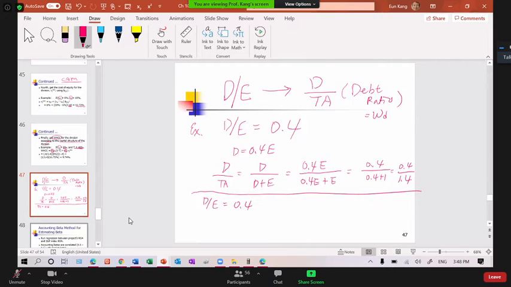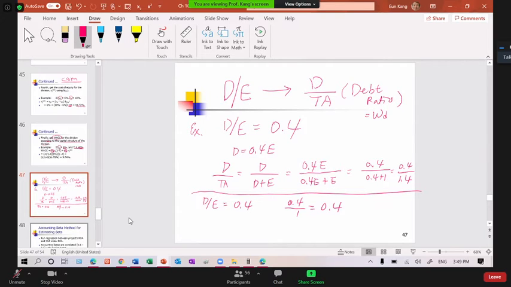Denominator. Check. Please complete your statement. What over what is 0.4? It will be 0.4 over 1. So D will be 0.4, and E will be 1. Bingo. The simplest number is any number divided by 1 is that number, right?